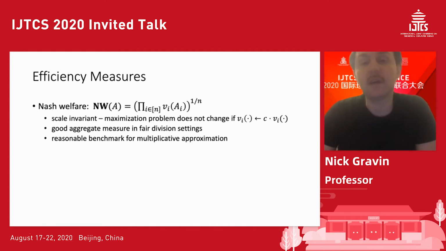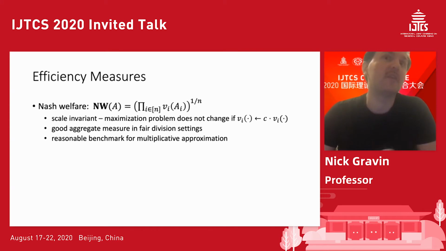So if you take any particular agent i and multiply all their values by some constant, the product changes in a very regular way. So if you consider the optimization problem, the solution doesn't change. The partition will give you comparable Nash welfare for the scaled valuation versus the original valuation.